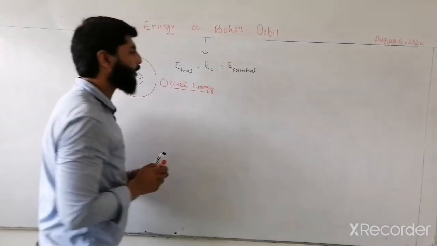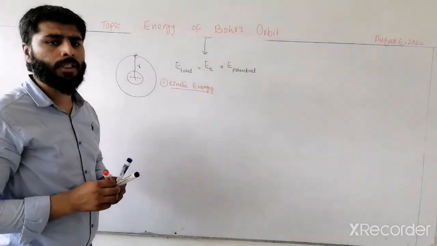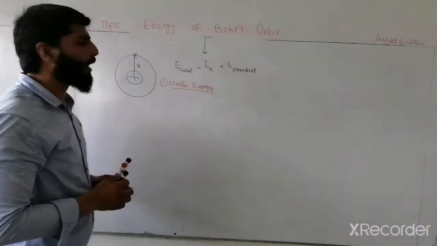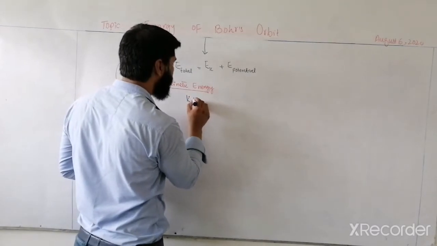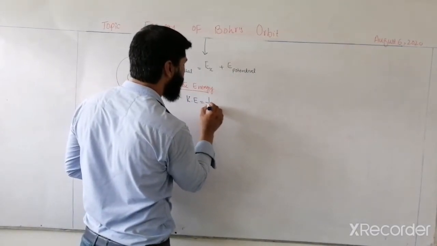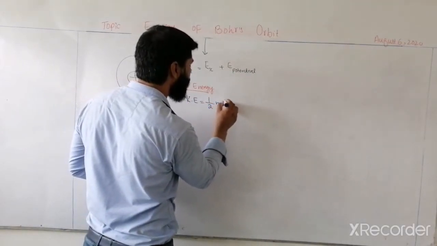When an electron is revolving around the nucleus, its kinetic energy Ke will be equal to 1 by 2 mv square.